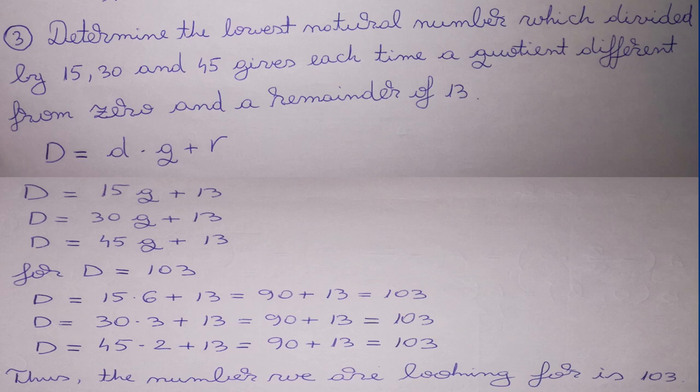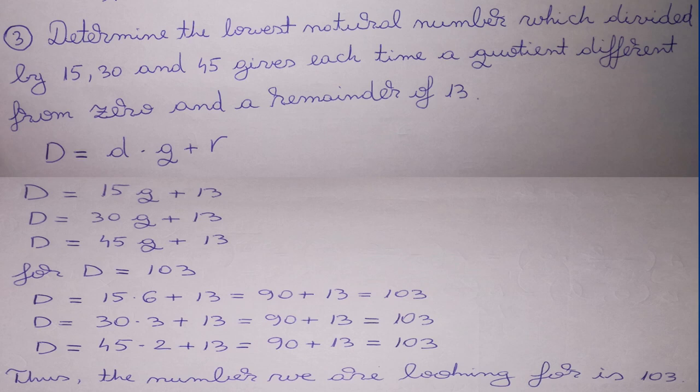Exercise number 3. Determine the lowest natural number which, divided by 15, 30, and 45, gives each time a quotient different from 0 and a remainder of 13. First, we write the theorem of division with remainder, where the dividend is equal to the divisor times quotient plus remainder.